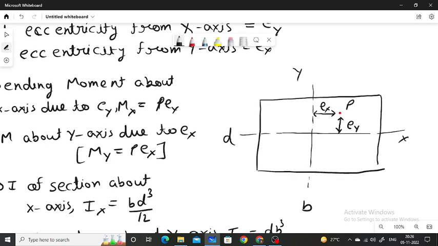See, the maximum bending stress will develop at these layers. From the origin point, from the x-axis, these layers are at plus d by 2 and minus d by 2. Okay.